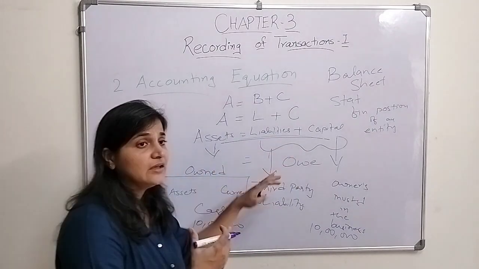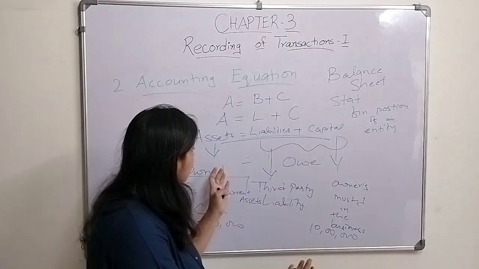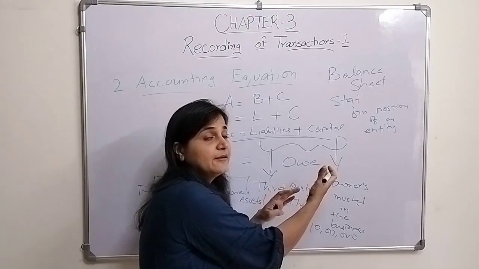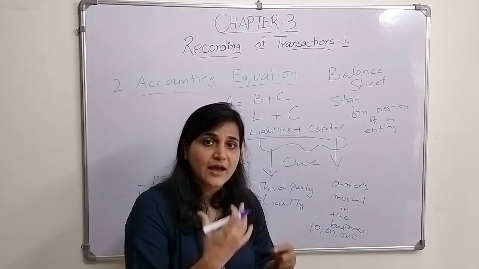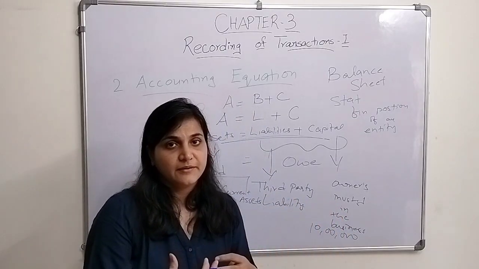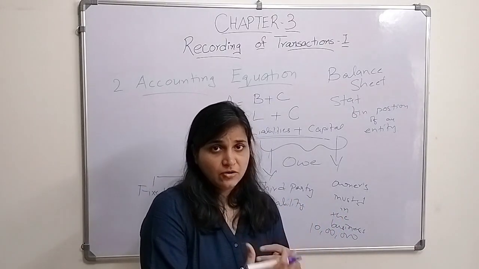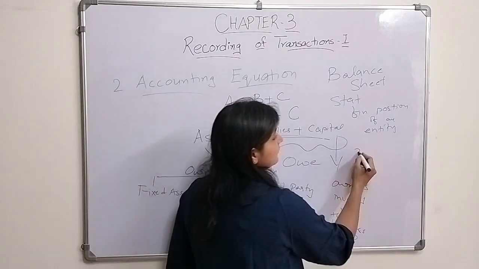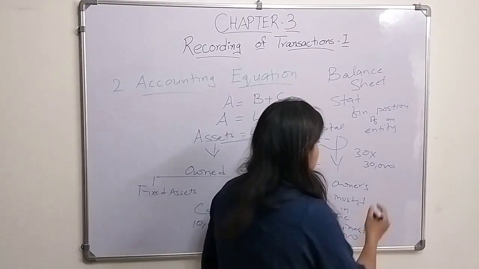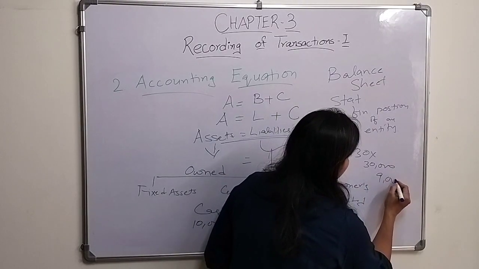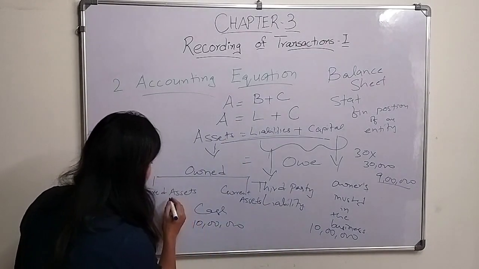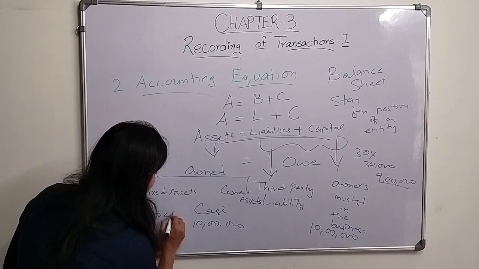If something increases in assets, the same amount will be increased in liabilities or capital. Let's say I purchased stock: the mobile shop owner got mobiles from somebody on credit. Okay, he got 30 mobiles for rupees 30,000 each, so 9 lakh rupees of stock comes into his business. Stock is what? A current asset.